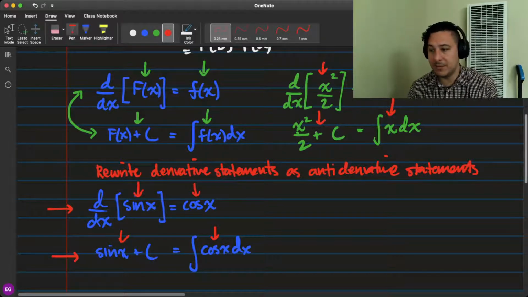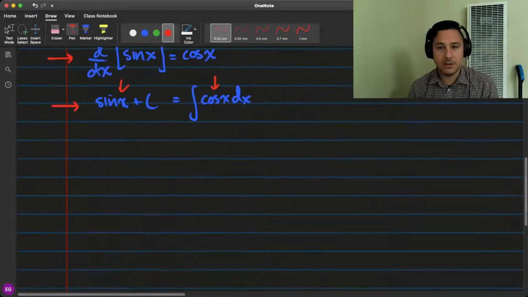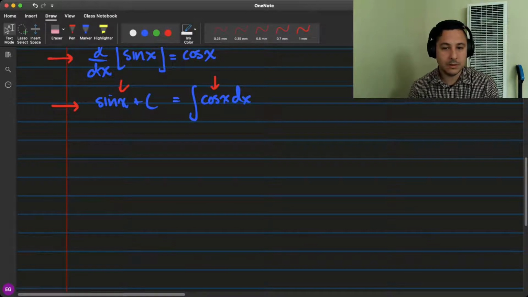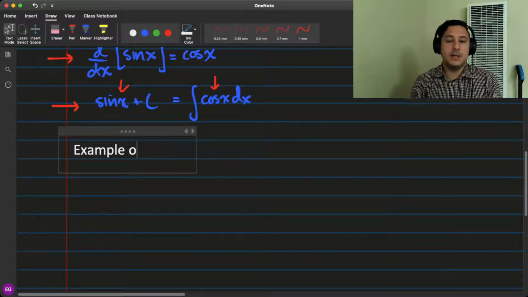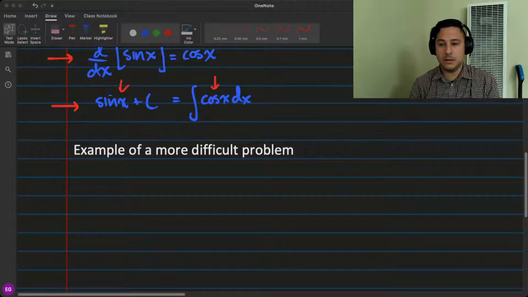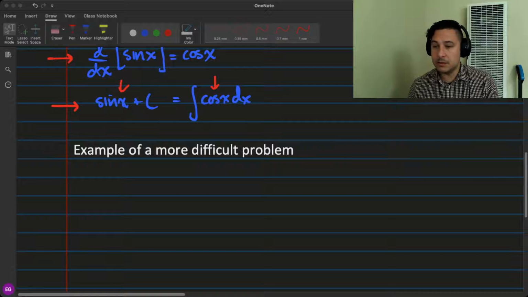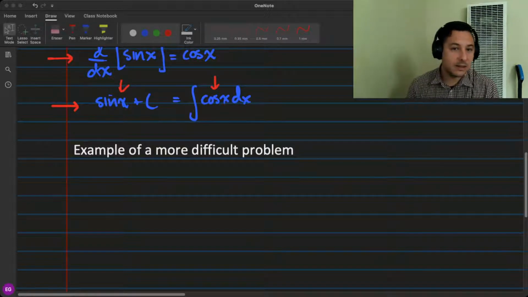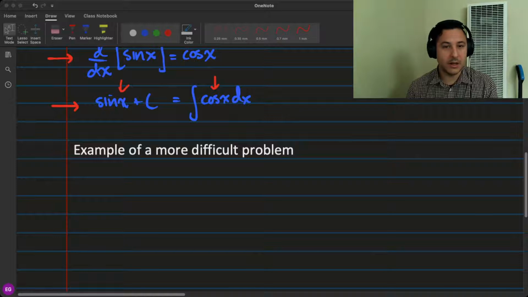Let's give you an example of something more difficult. It says there's an error. What does it say? Weird. I know that someone's audio is not encrypted for some reason. I think they're going in through a phone.